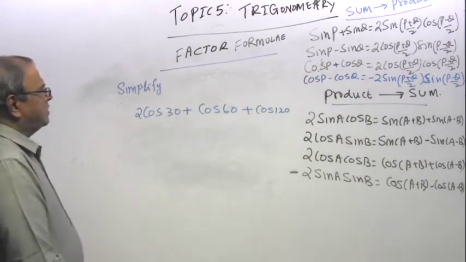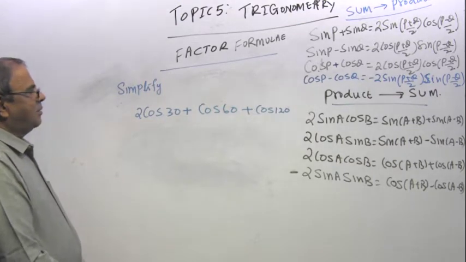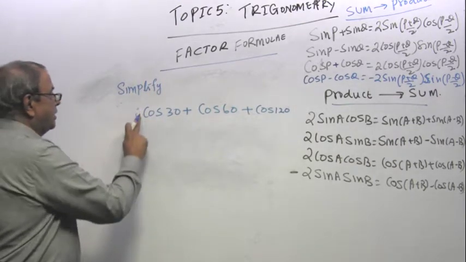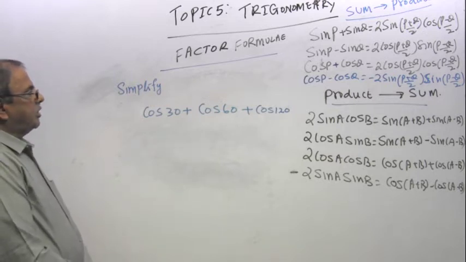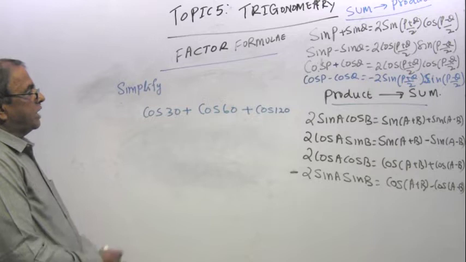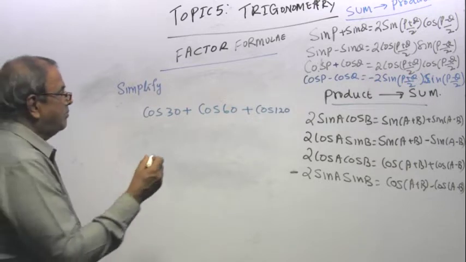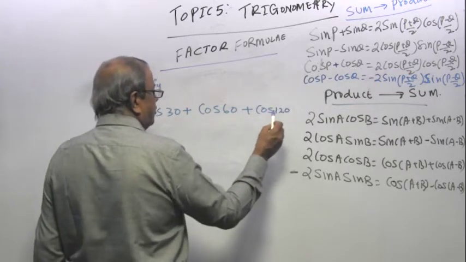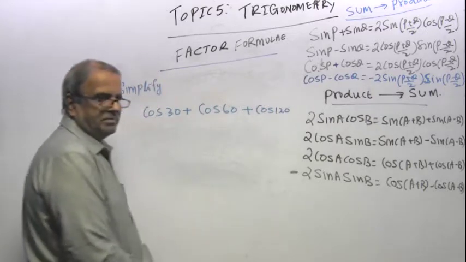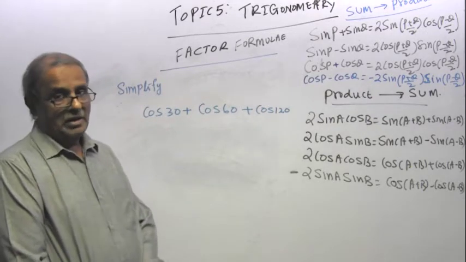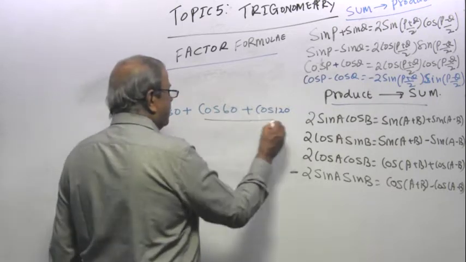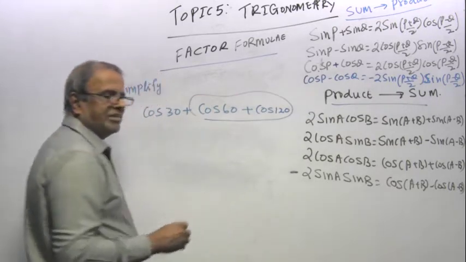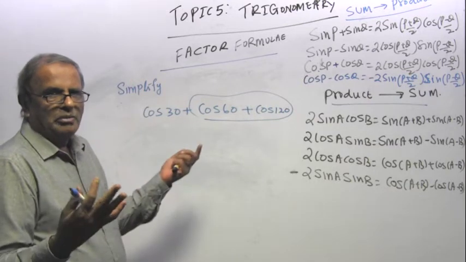Is it going to help? It is in a way. Suppose I have this. Now, you can group any two you want. But do you realize what is 120 plus 60? 180. Divided by 2? 90. This will become 0. Sir, suddenly you went off. How do I know it becomes 0?